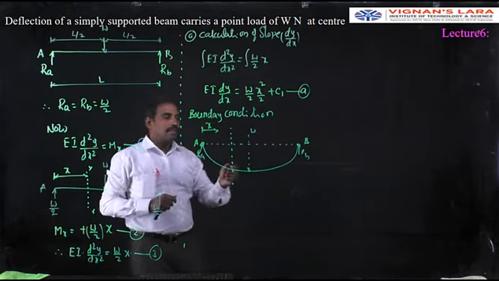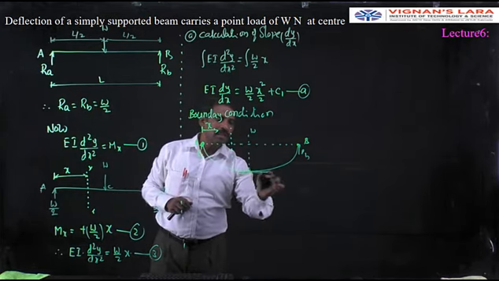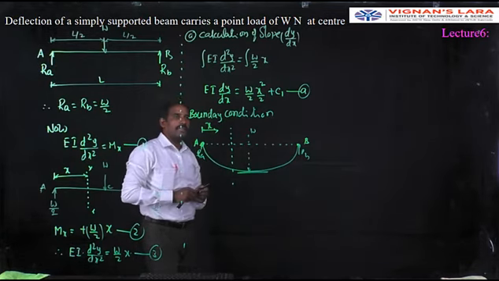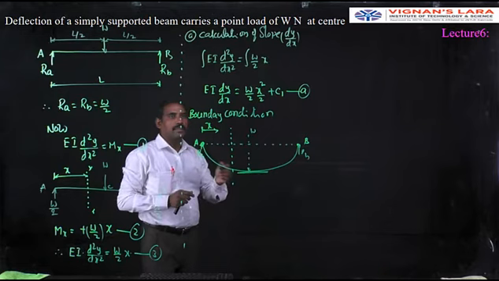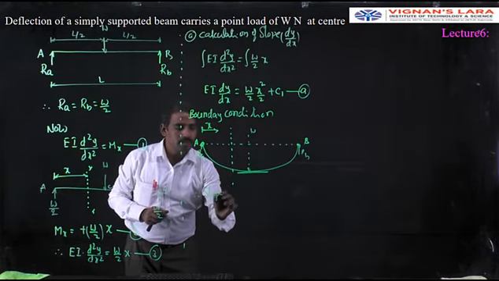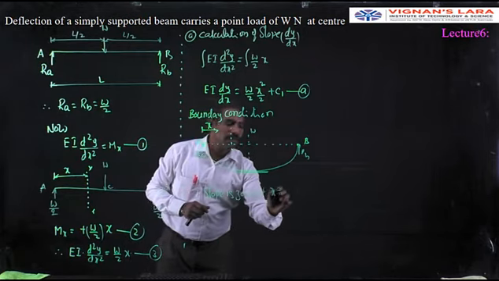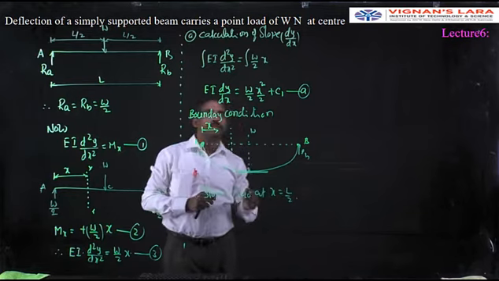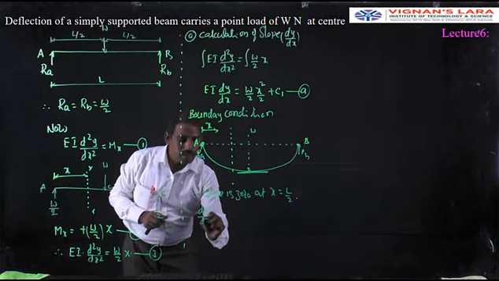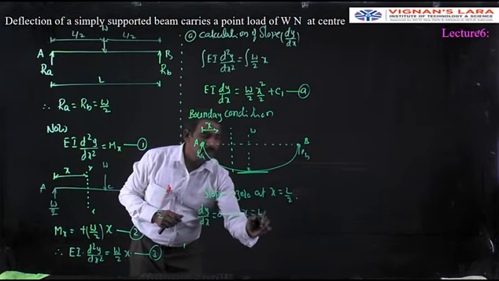So at a particular position the slope is 0, that is at x is equal to L by 2. So the slope is 0 at x is equal to L by 2. It means dy by dx is equal to 0 at x is equal to L by 2.